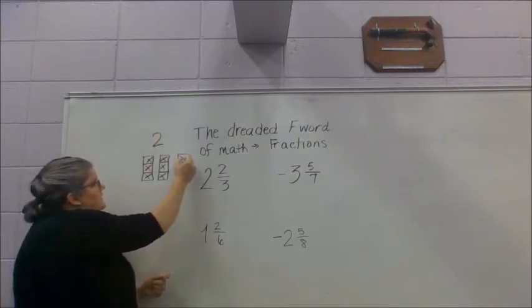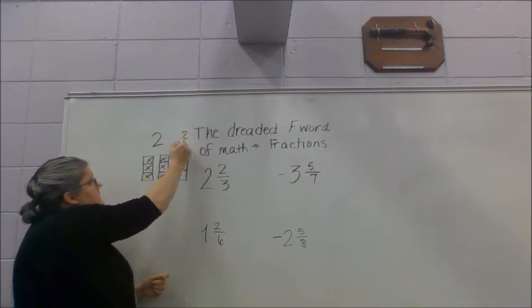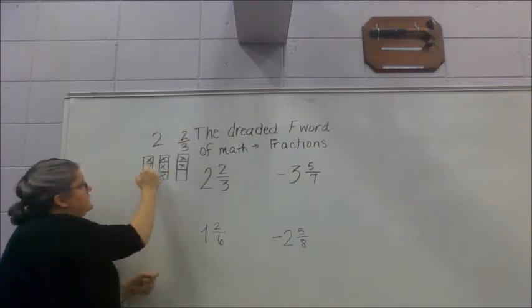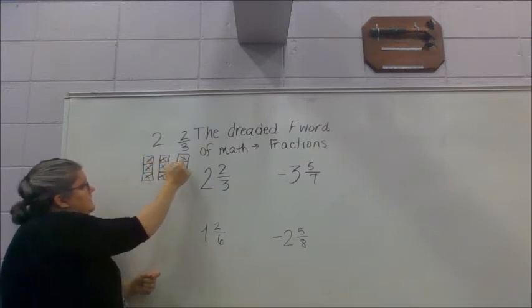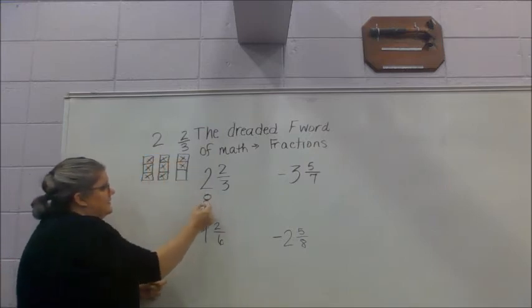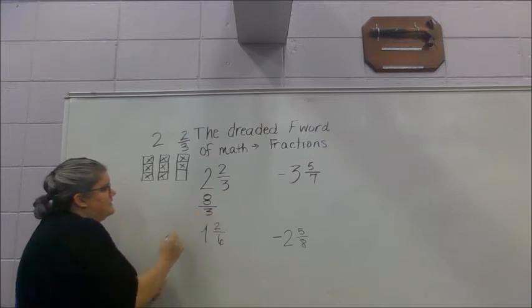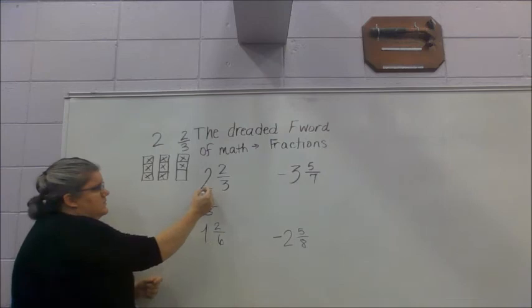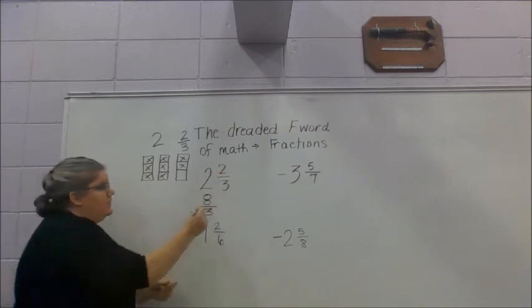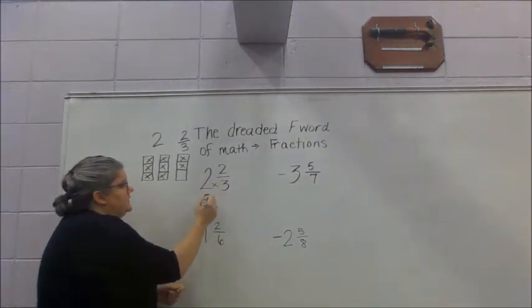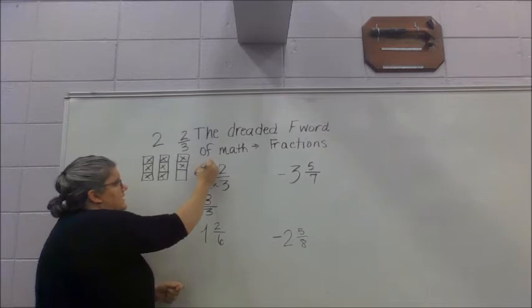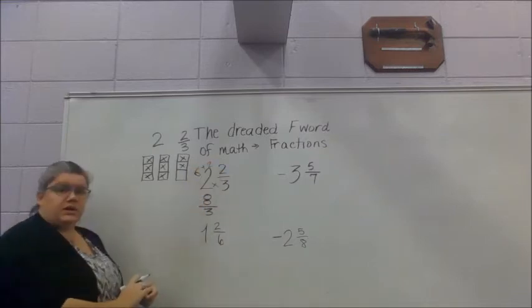And this one, I only get 2 pieces to represent my 2/3. So now let's count my pieces. I have 1, 2, 3, 4, 5, 6, 7, 8 pieces. And they were cut up into thirds. So 2 and 2/3 equals 8/3. 3 times 2 is 6, plus 2 is 8. That's the mathematical approach. So you're going to multiply here, get that product, which is 6, and then add the 2, and that gives me my numerator.